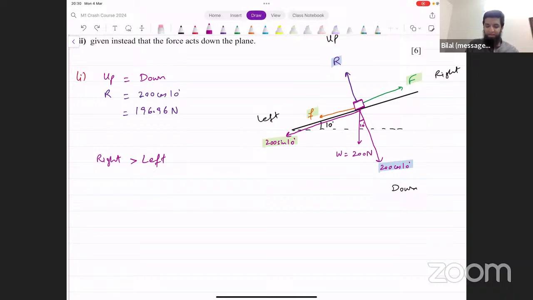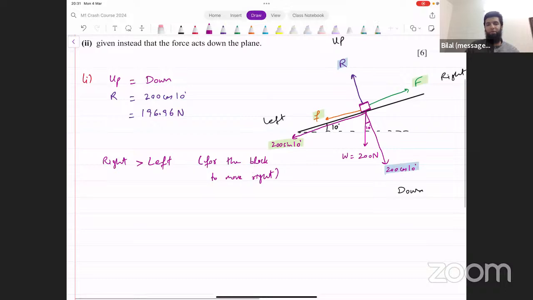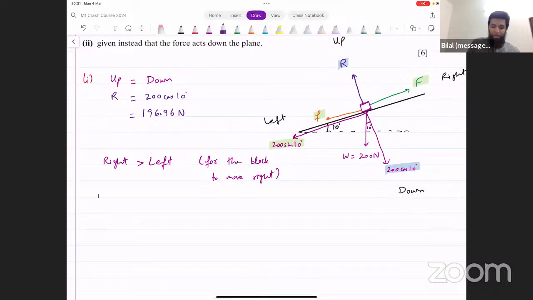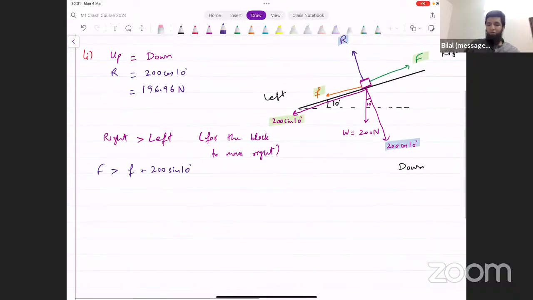So the force acting towards the right side should be greater than the force acting towards the left side for the block to move towards the right. Is that okay? That means F should be greater than friction plus 200 sine of 10. And that will give you the least force necessary to move the block.